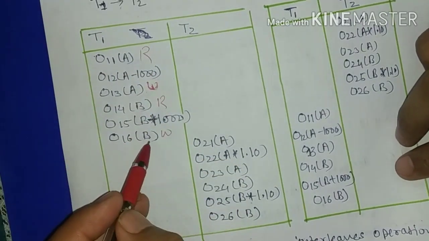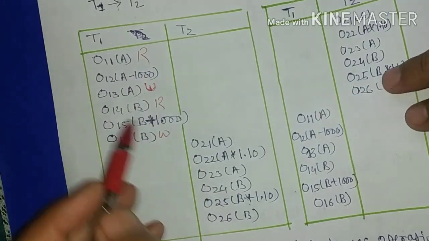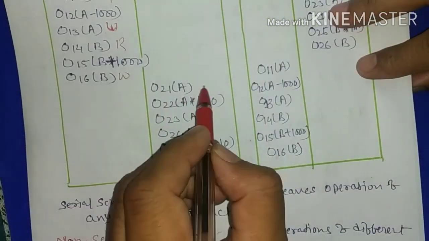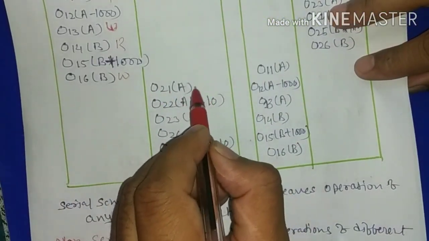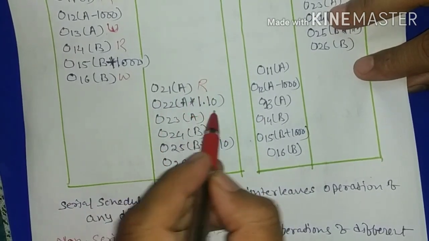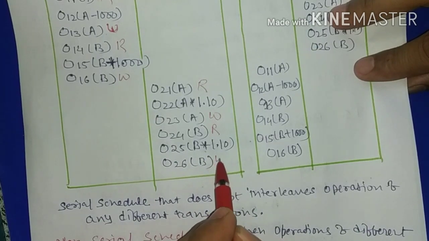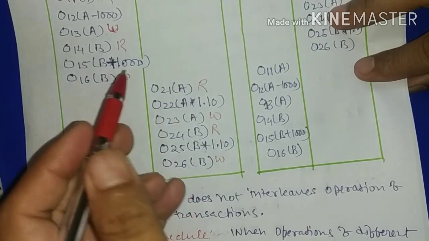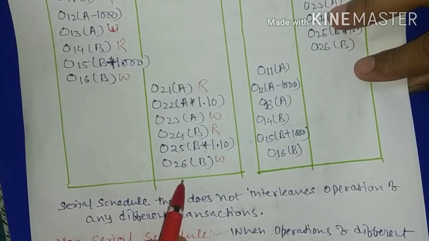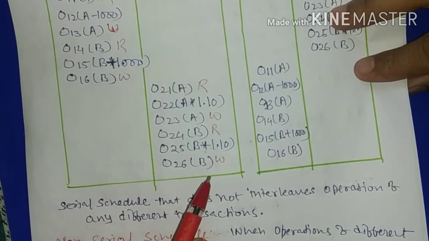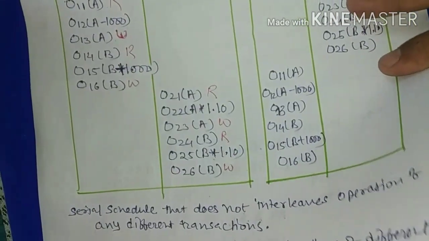Then after completing all the operations of transaction T1, start transaction T2. The transaction T2's instructions are read A, manipulate and write A, read B, and manipulate and write B. After completing T1, complete all the operations of T2. This is one of the possible serial schedules.